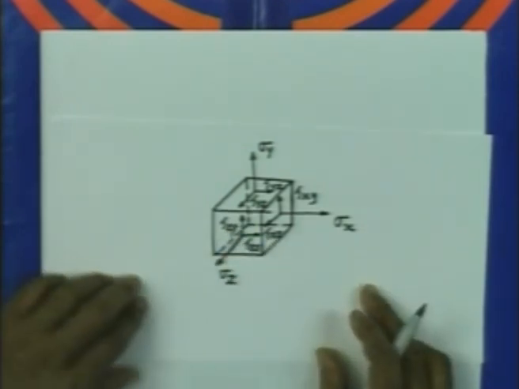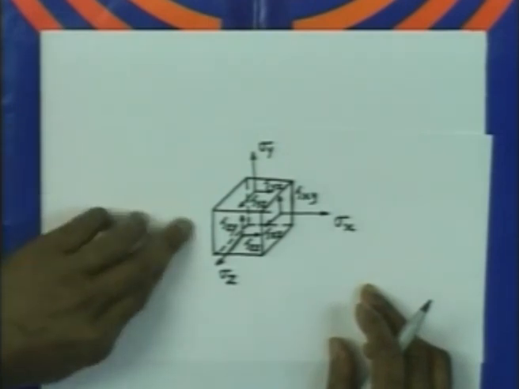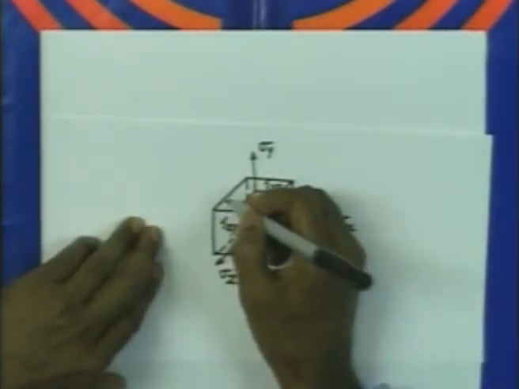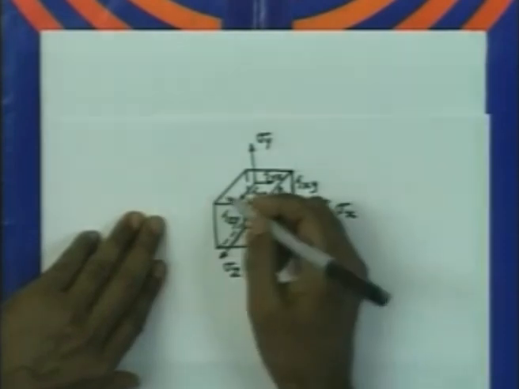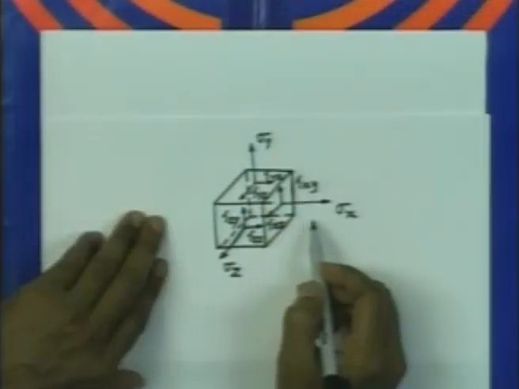So these are the components on the 3 positive faces, and now the components which are acting on the negative faces, that can be obtained by considering the mirror reflection of the components on the positive faces.